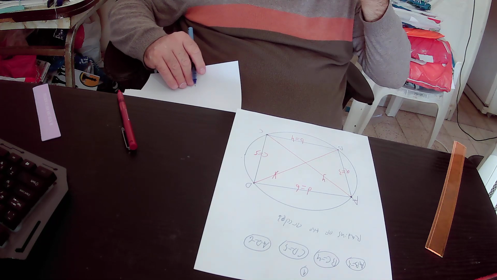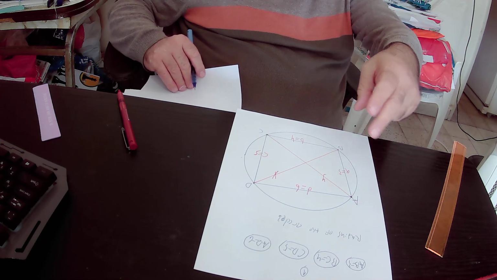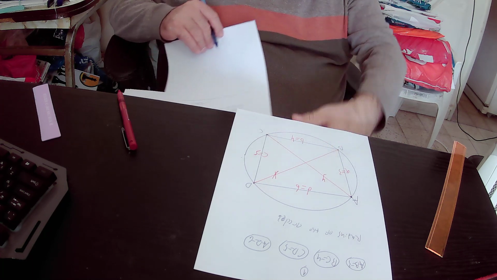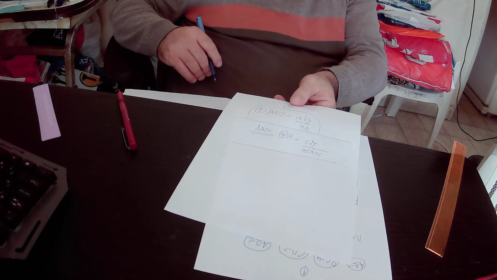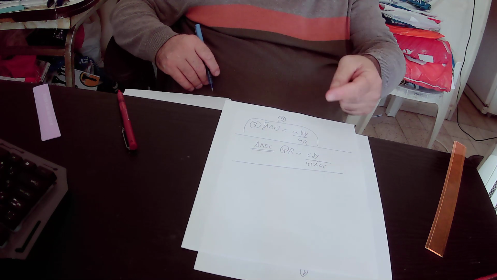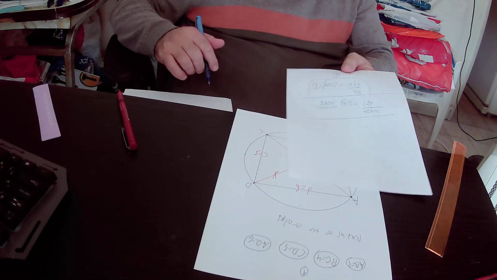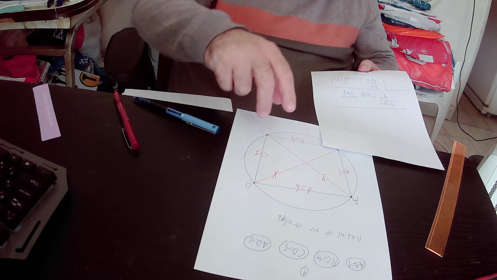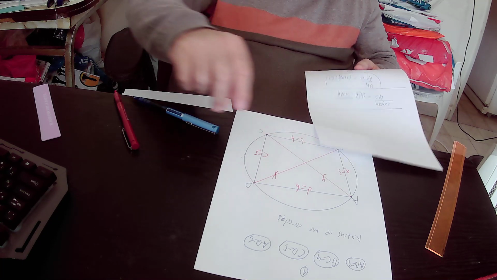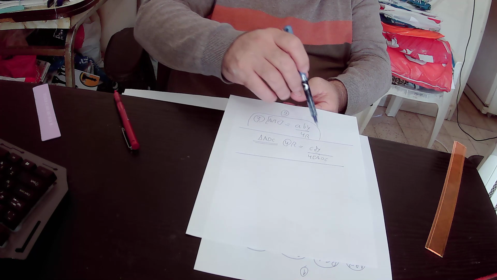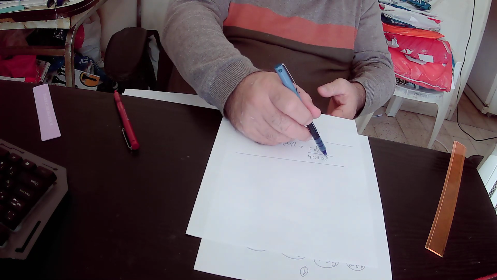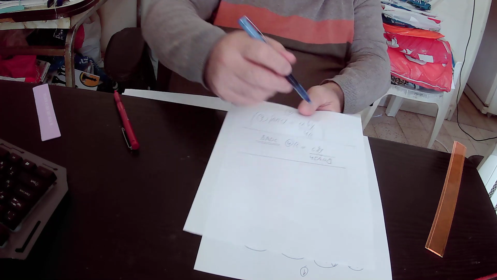Therefore, according to rule number 3, the radius of this circle that circumscribes triangle ADC will be equal to the product of triangle ADC sides, that is to say, C times D times Y over 4 times the area of triangle ADC. This is actually according to rule number 3.